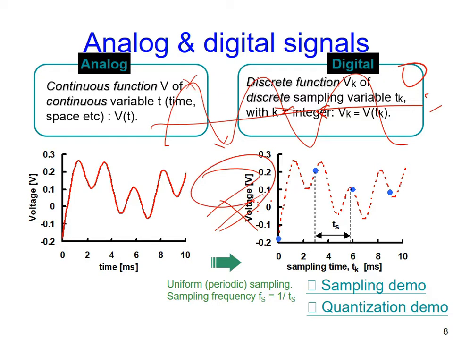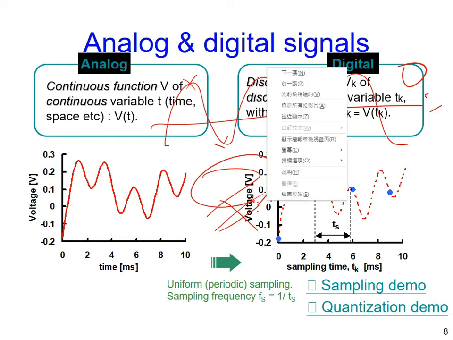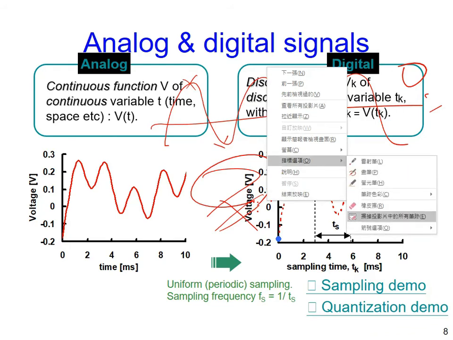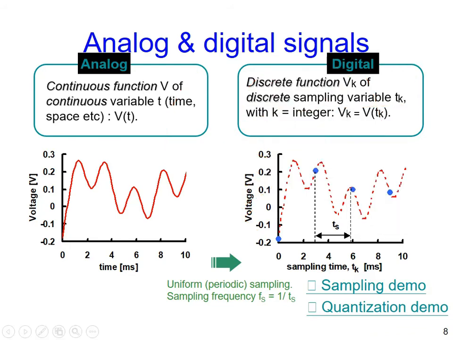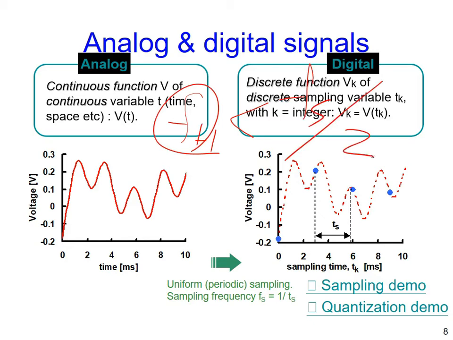On the contrary, the signal frequency can only be less than, instead of equal to, 50% of the sampling frequency.